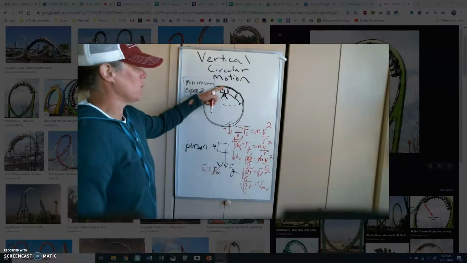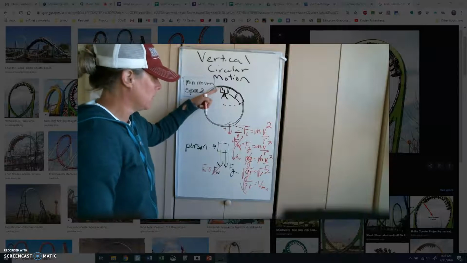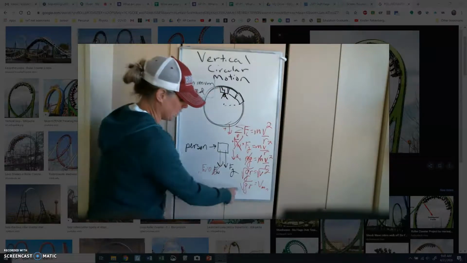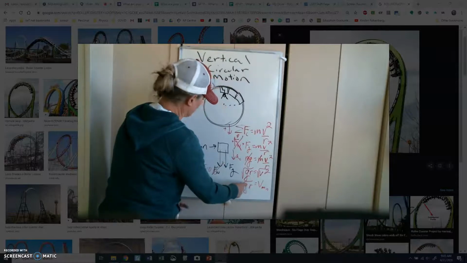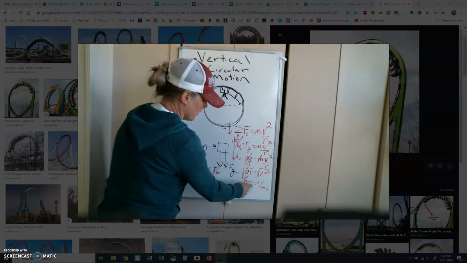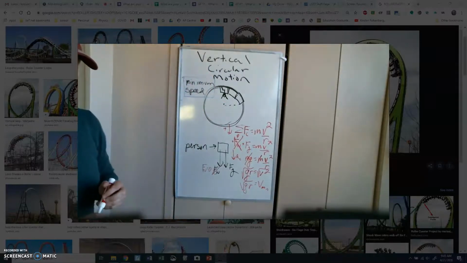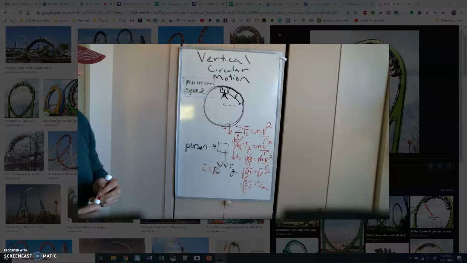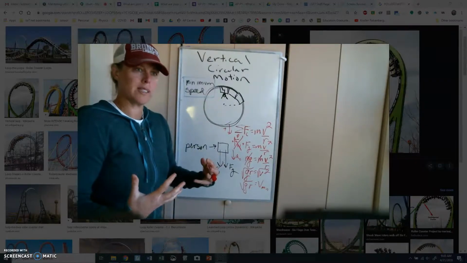That minimum speed is when all of a sudden you are not making contact with the seat anymore, okay? And that's acceleration due to gravity, 10 meters per second squared, or 10 newtons per kilogram, times your radius. So the radius has everything to do with setting your minimum speed. Okay? So why do they have, instead of weight restrictions, it doesn't matter.